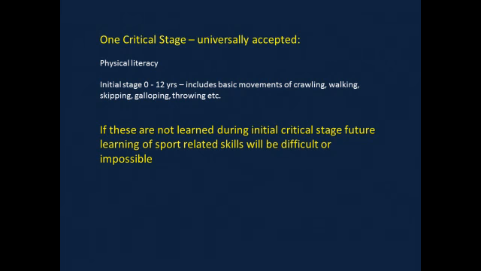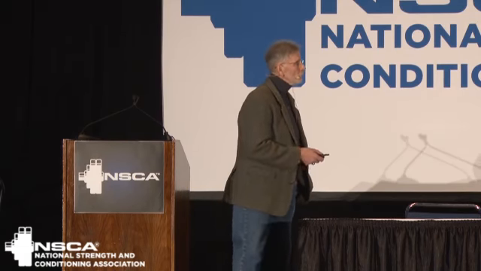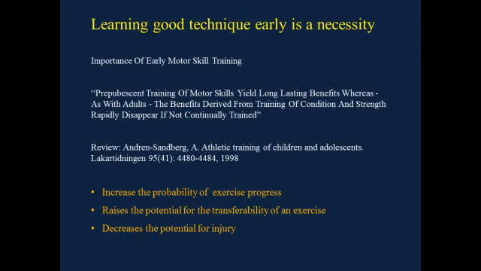If you don't learn how to crawl and walk and skip and gallop and throw and so on, you're going to have problems later on learning some of the more complex athletic movements, including those that include high power movements. And so we need to learn these at critical ages. And these are quite important, or you won't be able to do certain things later on in terms of sport.